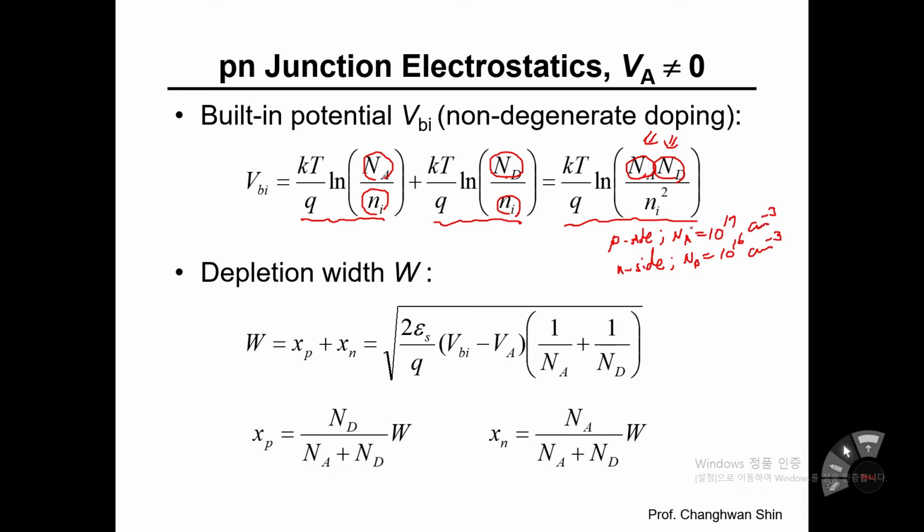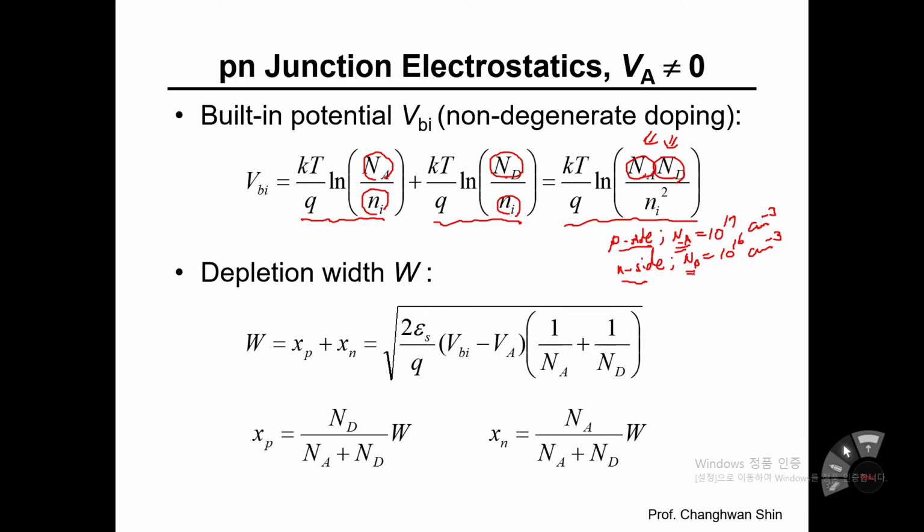Well, definitely in the P side there is a certain amount of donors, but that amount would be much, much smaller than the acceptor concentration. That's the reason why this area is denoted as the P side. Similarly, the total amount of acceptors in the N side is negligible, much, much smaller than the donor concentration. So in PN junction diode analysis, whenever I'm talking about Na in the P side, it indicates Na minus Nd, the net doping concentration in the P side.